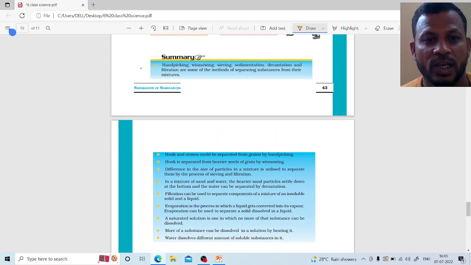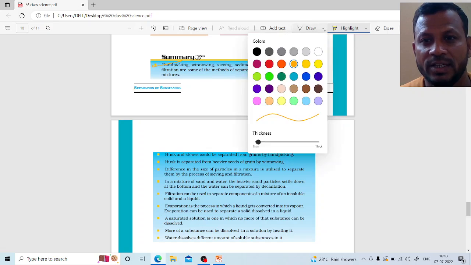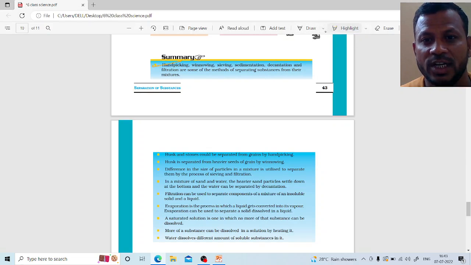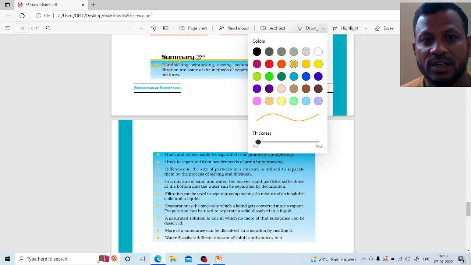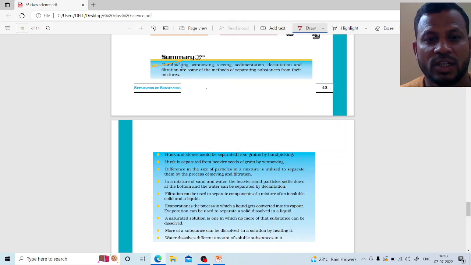Summary. Today we discussed hand picking, winnowing, sieving, sedimentation, decantation, filtration. These are the methods of separation.